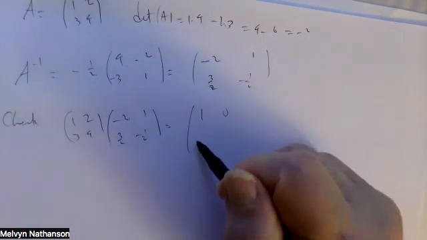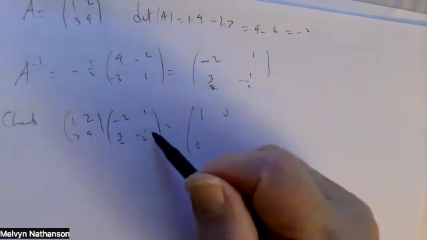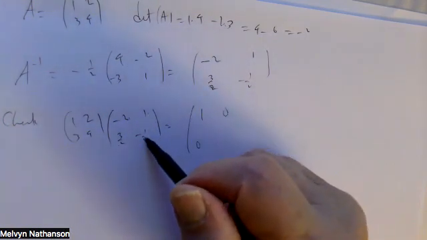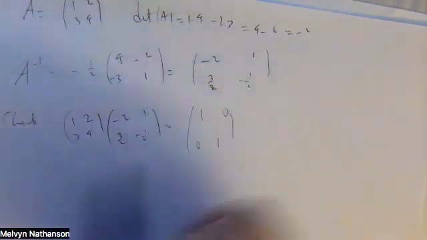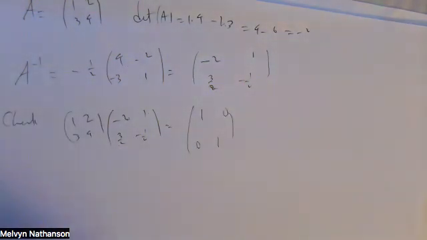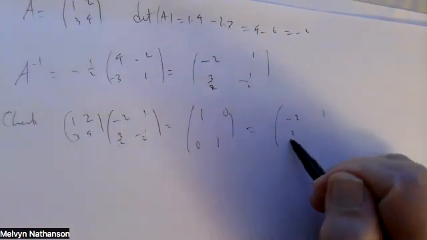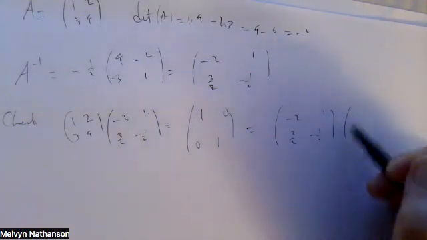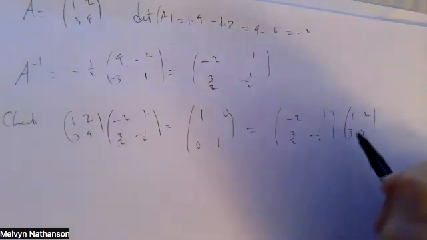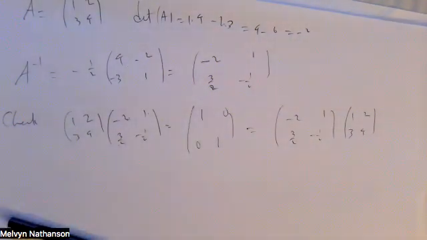Minus 6 plus 6 is 0. 3 minus 2 is 1. So that checks. And also you can check this times [1, 2; 3, 4]. So that's the basic rule for the inverse of a 2 by 2 matrix.